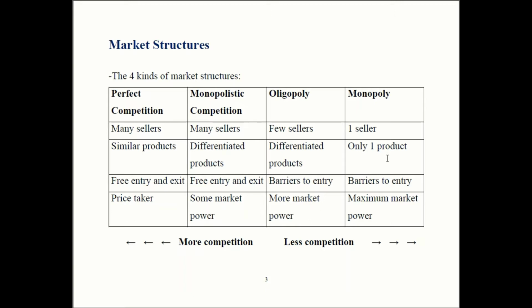Some other similarities and differences: perfect competition has what we call free entry and exit. By free entry, I mean any firm can enter this market without paying any additional costs. Free exit means that any established firm can leave the market, again, without paying any additional costs. This is a very important idea in perfect competition because it drives down the economic profits to zero in the long term.